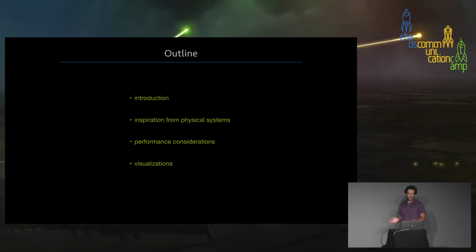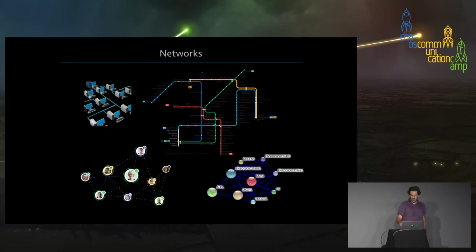I will start with an introduction, state what the problem is and why we want to look at it. Then we'll describe how we can draw inspiration from some physical system, physical phenomena to tackle it. Then I will briefly mention some performance considerations in these techniques, and I will present some visualizations.